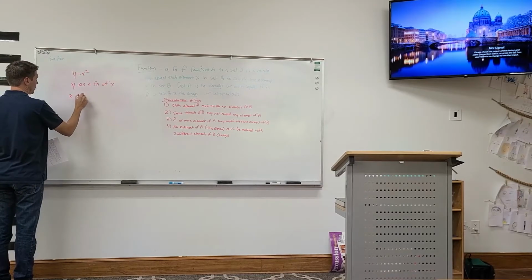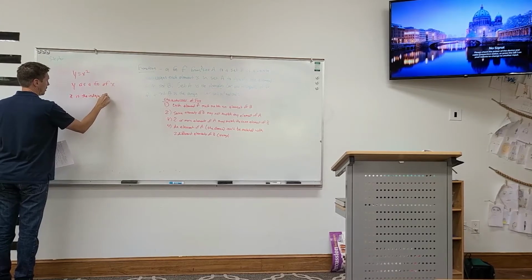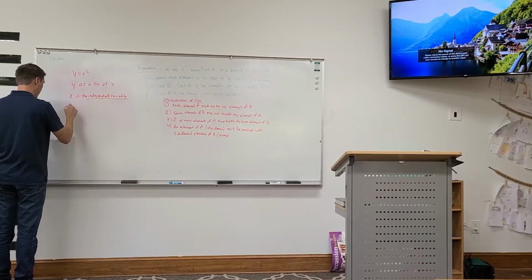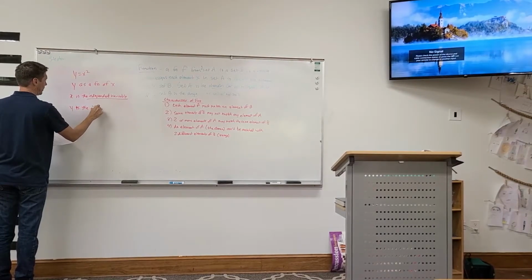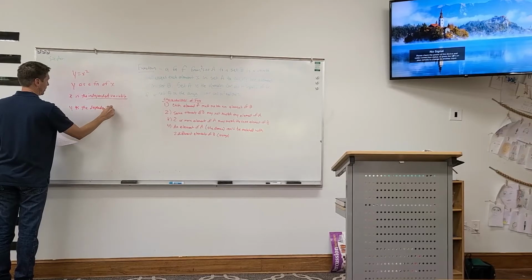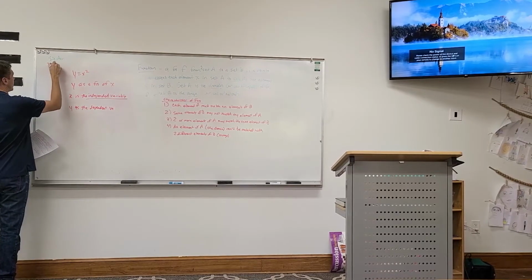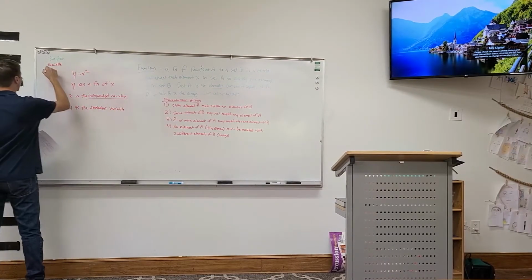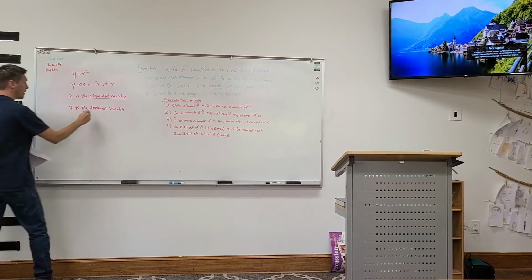X is what we call the independent variable. And y, anybody want to take a guess? The dependent variable, exactly. So y is the dependent variable, and that makes sense.